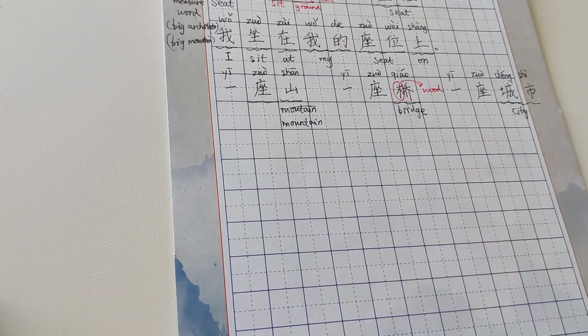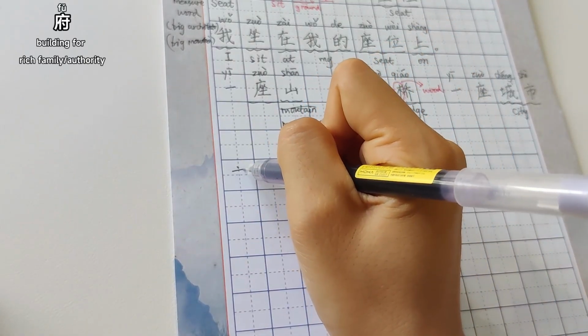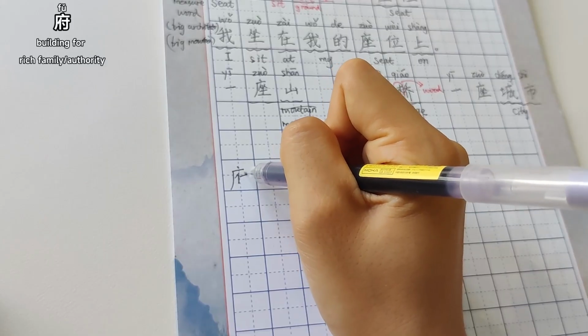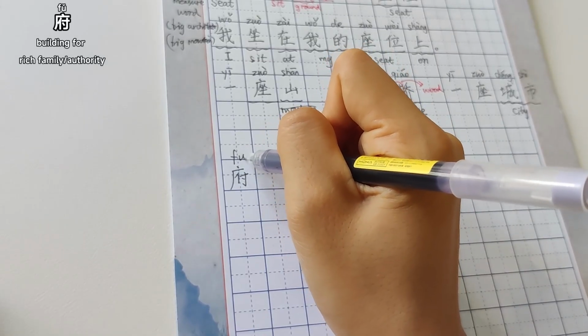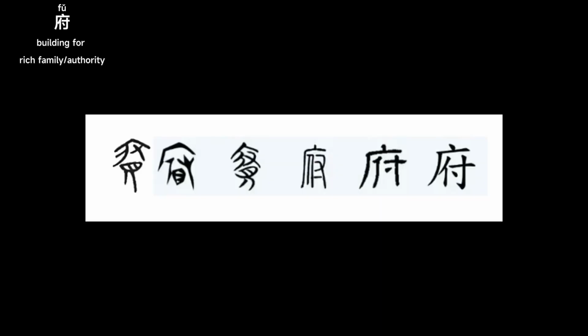Okay, so next, 汉字府. Here is the evolution of the character 府. Originally, it refers to the place to store a lot of paperwork and property.